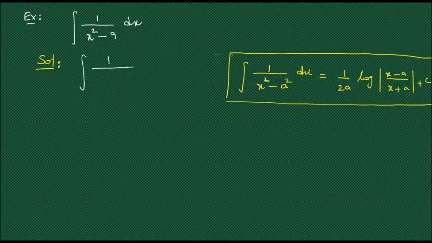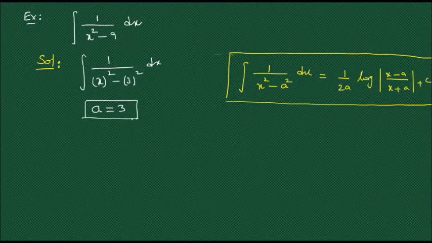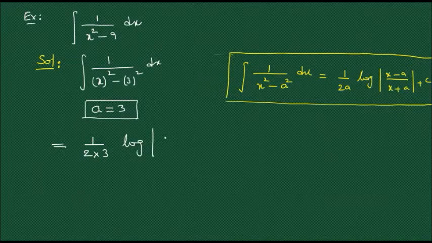Integration of 1 by x whole square minus 3 whole square dx. I am taking a equal to 3. As it is in this form, directly I can write the output as 1 by 2 into 3 log of (x minus 3) by (x plus 3) plus c.